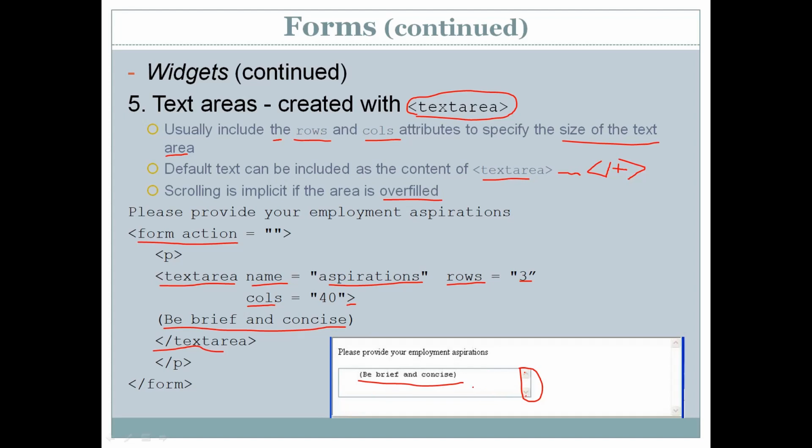If it exceeds the boundary horizontally, a horizontal scroll bar may also appear. Okay, so this is how we can create a text area whenever we want to enter multiple lines of text. For example, if you want to read an address from a user, then he may add multiple lines of address. In such cases we can use a text area.